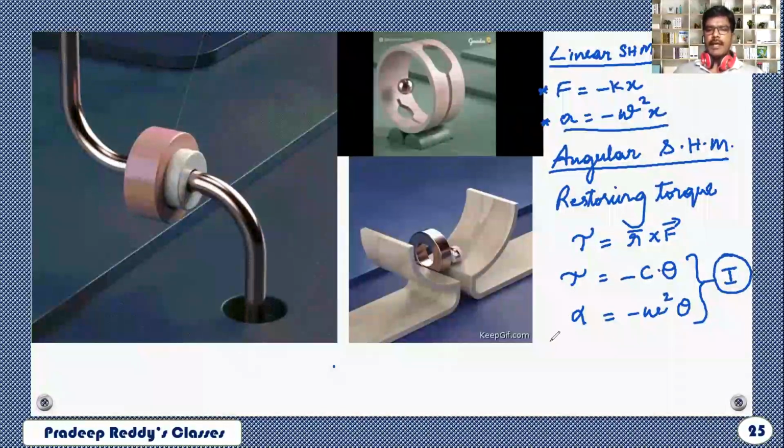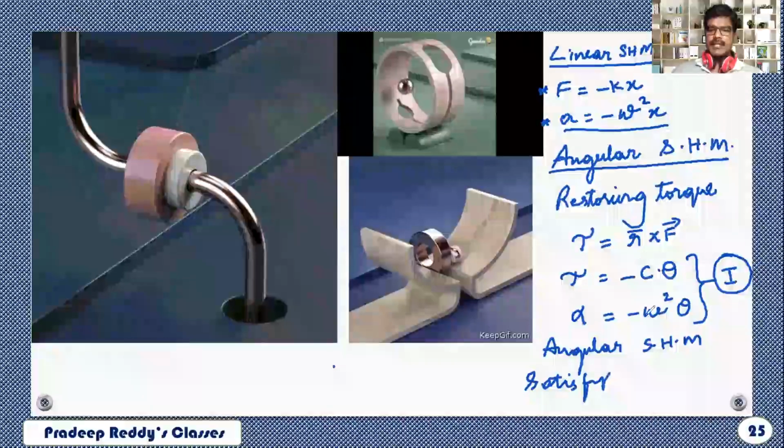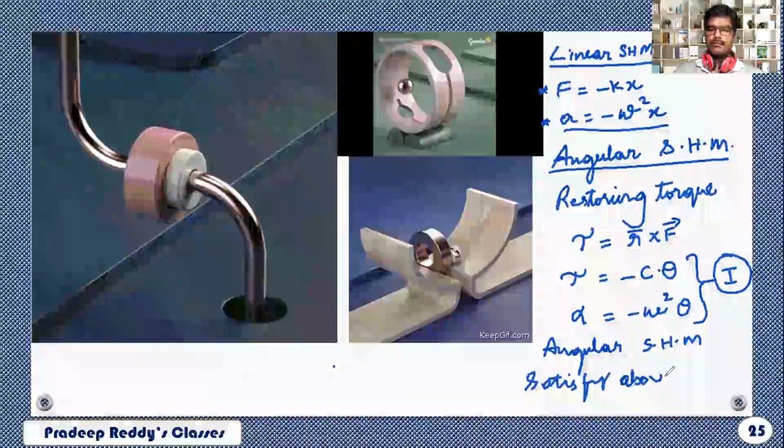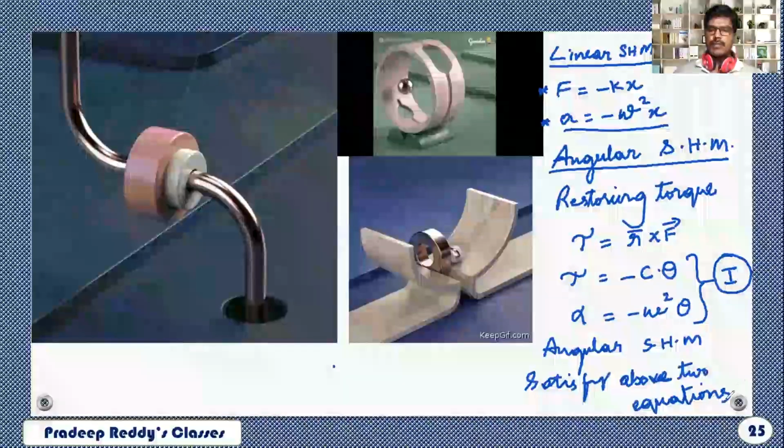So angular SHM satisfies the above two equations, right?